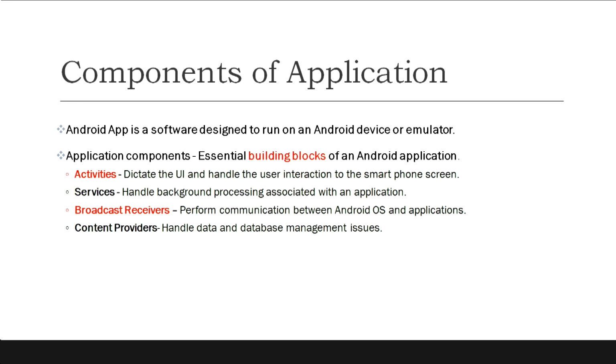The first component is activities, which help you to design your own user interface, that is, the phone screen. Next is services. You can provide a wide variety of services both in the background as well as foreground, so that you can perform the multi-programming concept.